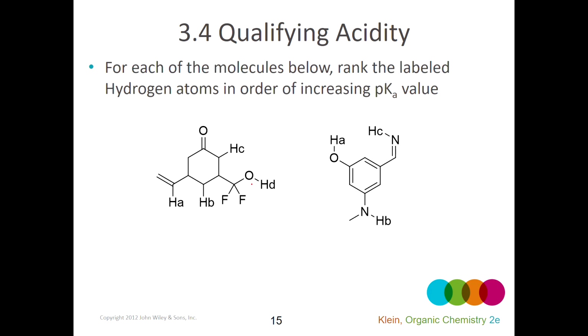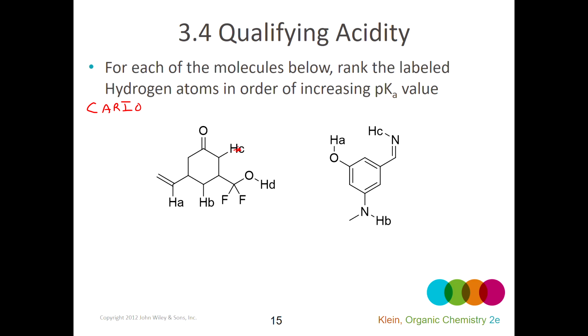Here's another example. So I might give you a structure and ask you to rank the hydrogens on that structure. So here we've got, we'll do this one on the left first. I want to look at each possible hydrogen if it were given away and use the acronym to compare the negative charges that are left behind and look at their stabilities.